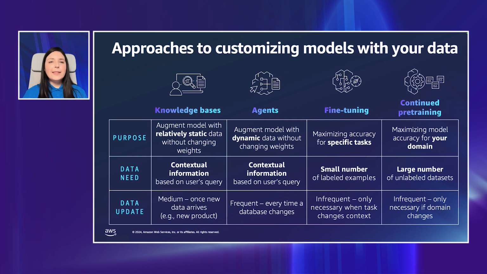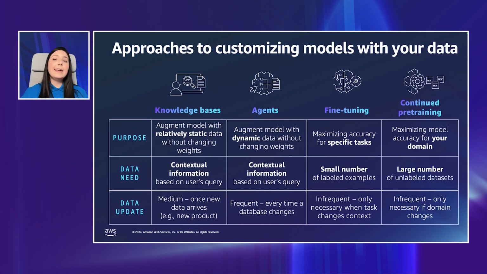So all of those approaches to customize your model, they are not exclusive. So now if you're doing continued pre-training, for instance, to understand your domain data, you can also then fine-tune your model to a specific task. So you can combine continued pre-training and fine-tuning.